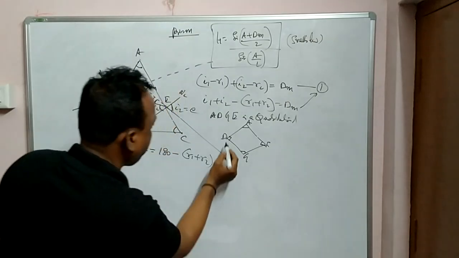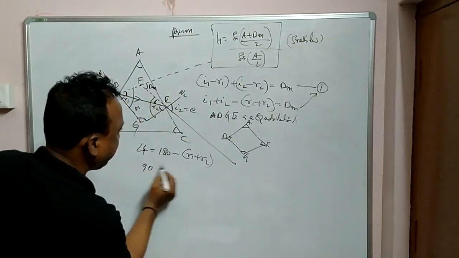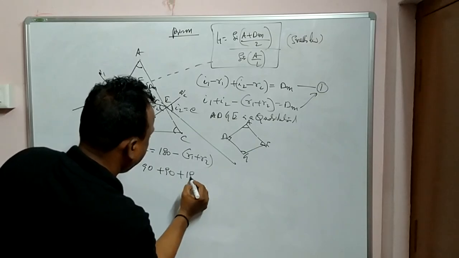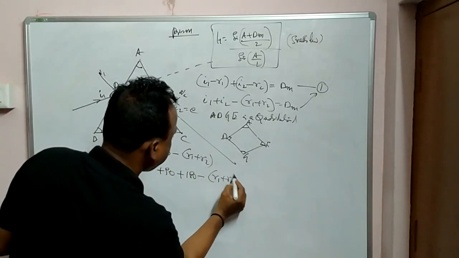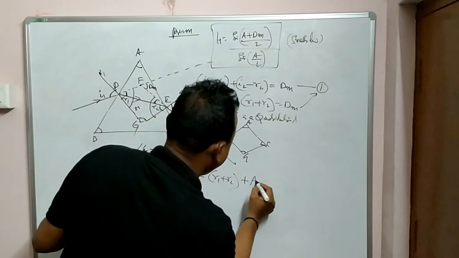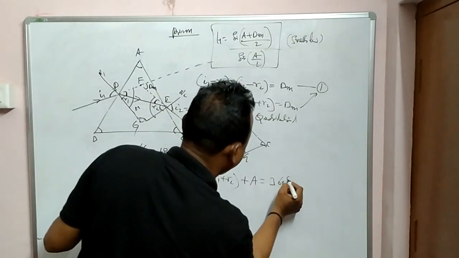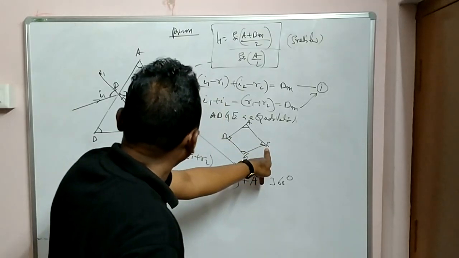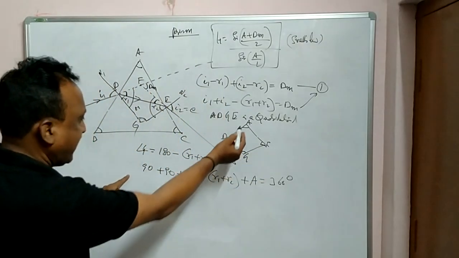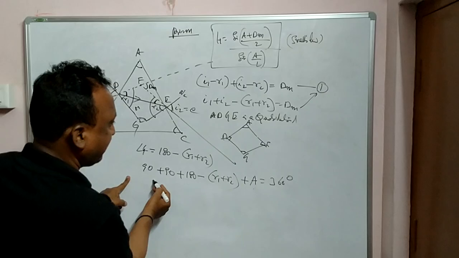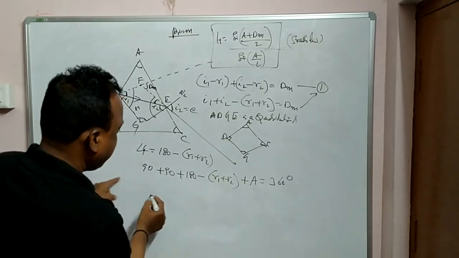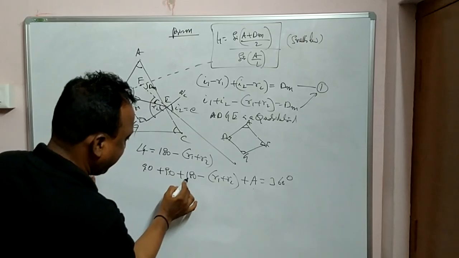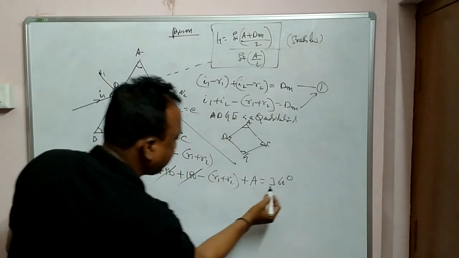Now substitute here: this angle is 90, this is 90, and 180 minus (R1 plus R2) plus angle A is equal to 360 degrees. Angle A plus angle D plus angle G plus angle E is equal to 360. Angle D is 90, angle G is 180 minus (R1 plus R2). 90 plus 90 is 180, 180 plus 180 is 360, and this one will be cancelled.